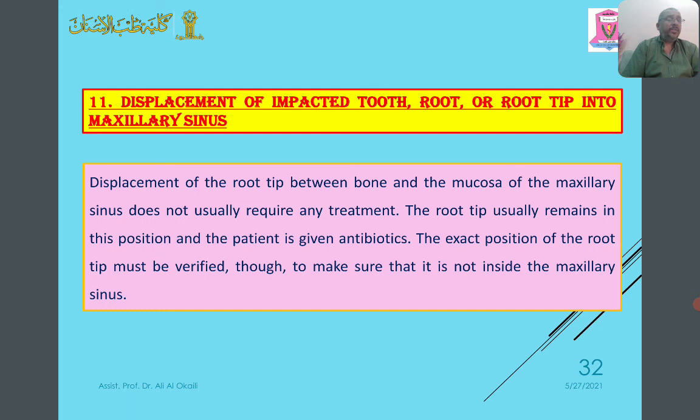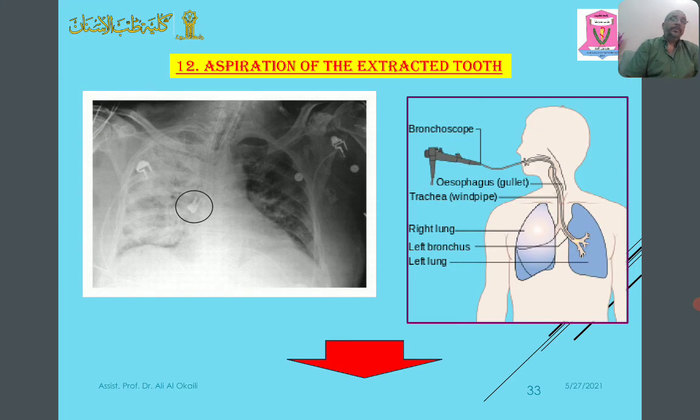The exact position of the root must be verified, though, to make sure that it is not inside the maxillary sinus. If it is between the lining and the bone it may stay, or sometimes the root tip is retrieved. Aspiration or inhalation of the extracted tooth.